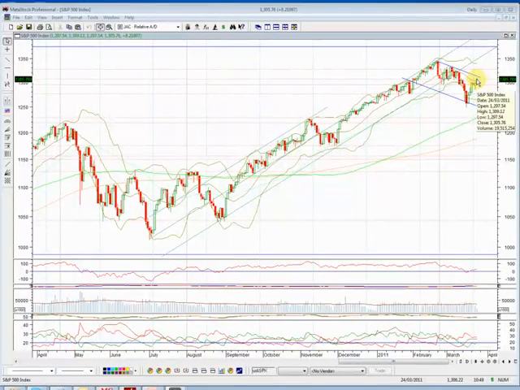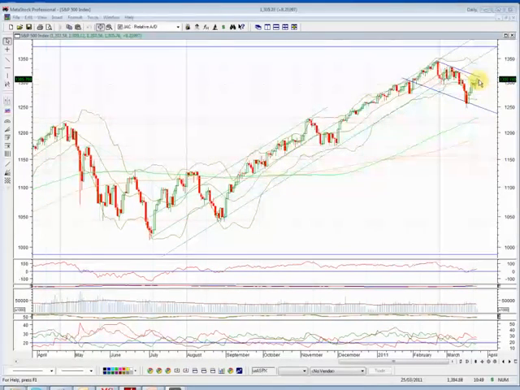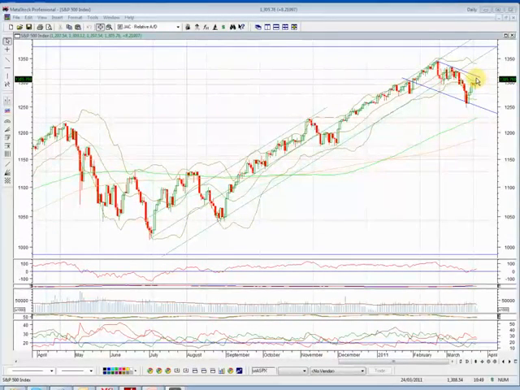So we are trading slightly above that resistance region, and quite close to that downwards trend line here. So it's still to be seen whether the market will be able to trade even higher.